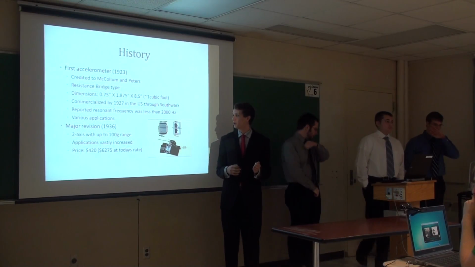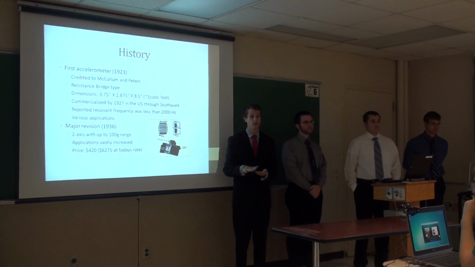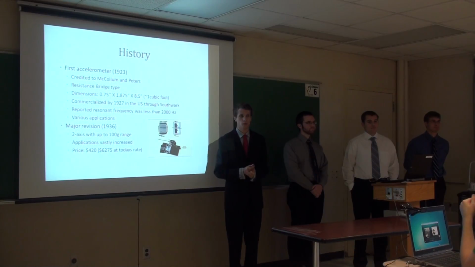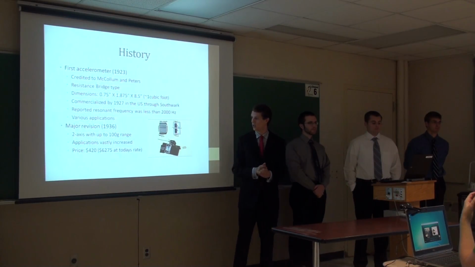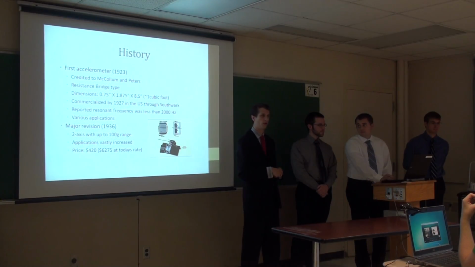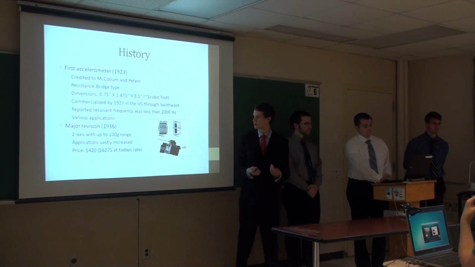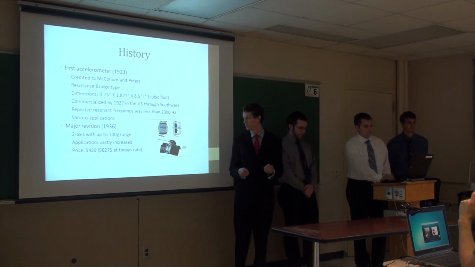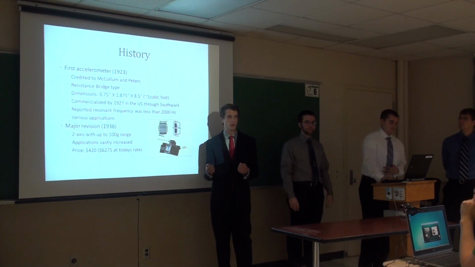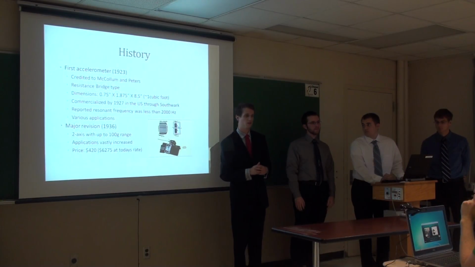Later they came out with a revision in 1936 that was 2-axis and could measure up to 100 G. The applications increased beyond measuring peak acceleration to measuring vibrations in underground pipes and steam pipes. I couldn't find a price for the original, but the upgrade was $420, which is over $6,000 in today's terms.